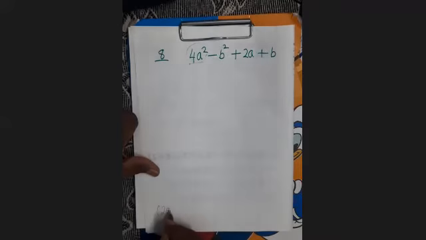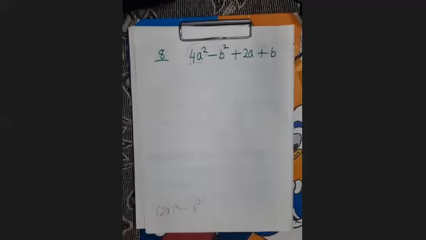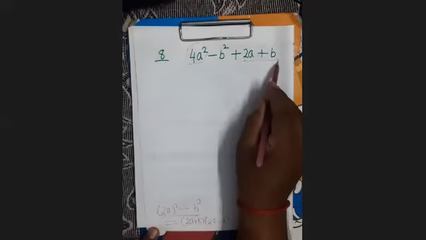And this is whole square of b. When you factorize this minus part, you will get in one bracket 2a plus b and here 2a minus b. It's clear?